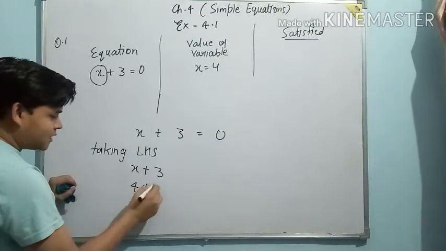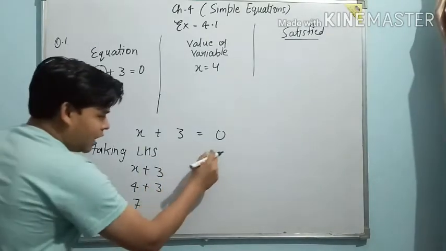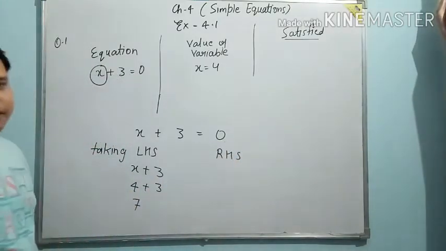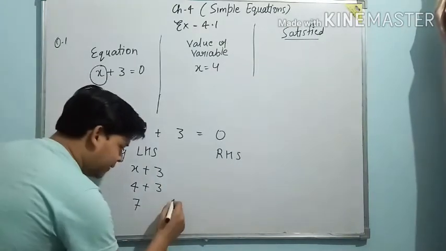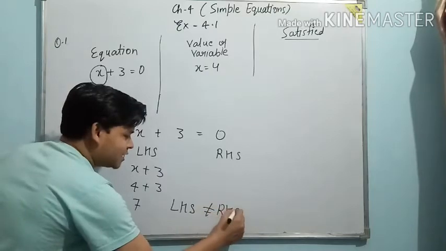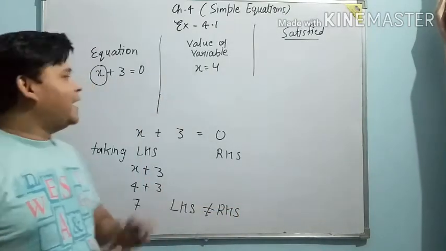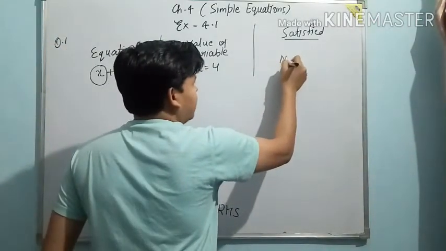So 4 plus 3 is equal to 7. But the RHS is 0 and LHS is 7. That means these two values are not equal. So we can write here that LHS is not equal to RHS. Hence this equation is not satisfied at this value x equals 4. So we will just write here no.